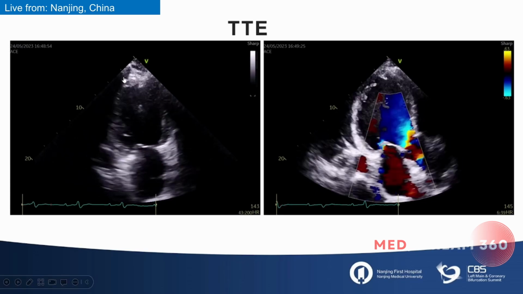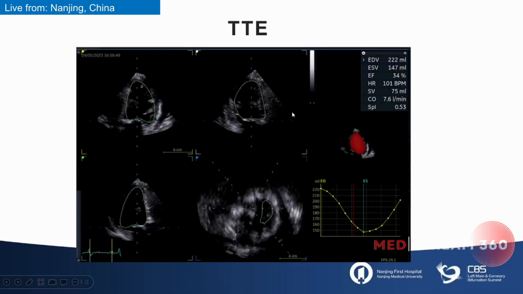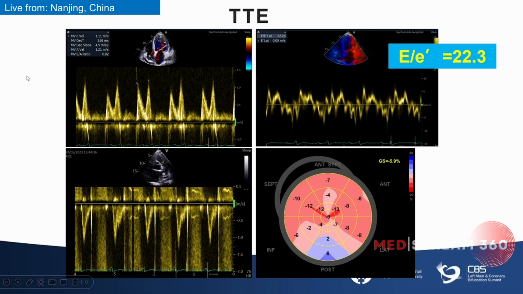The movement of the LV wall is quite decreased, and the LV EF measured by 3D is only 34%. The EDV and ESV are also increased.